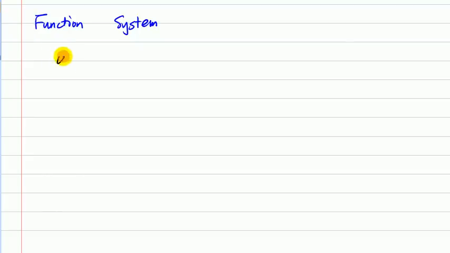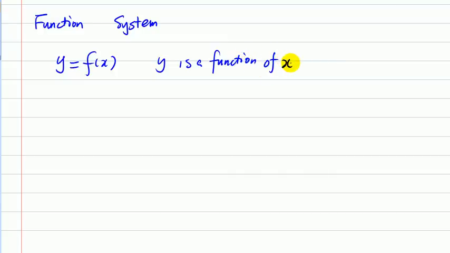Now, if I write y equal to f of x, forget about system. This is a function, y is a function of x. Purely mathematically speaking, x can be a function itself too.